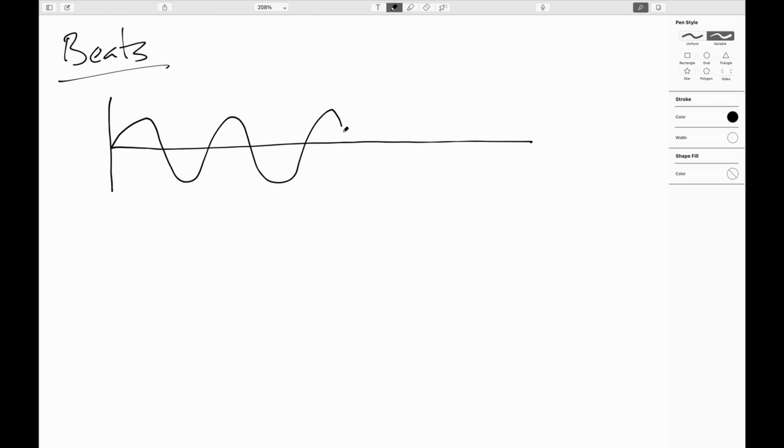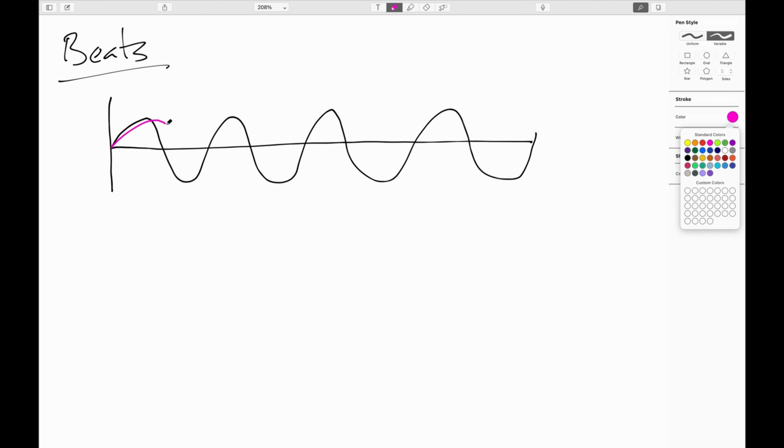So here, let's say we've got one wave like this. And then let's say we've got another wave with a frequency that's slightly lower, so a little longer wavelength.